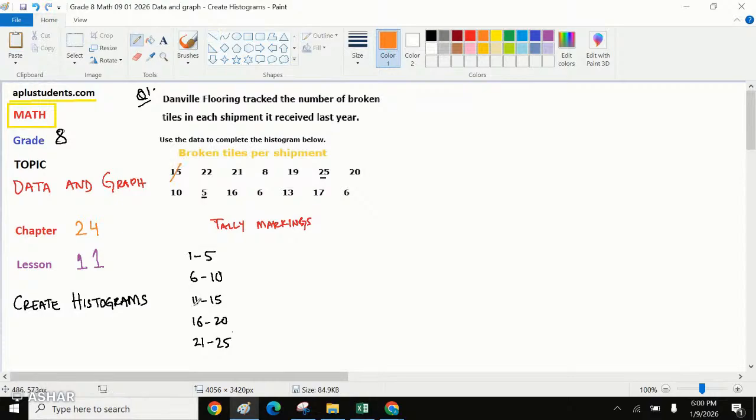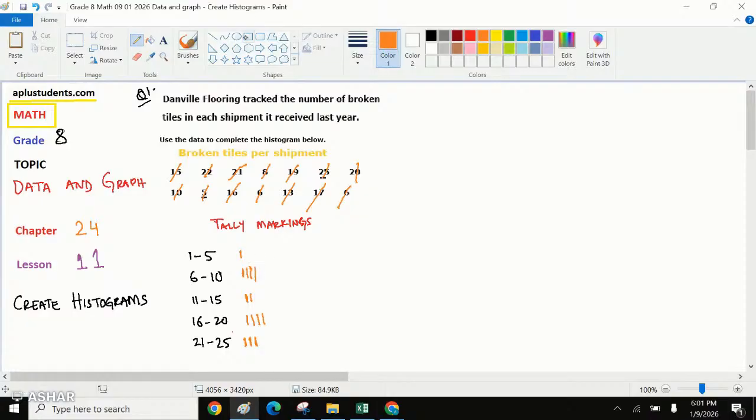So in the range 11 to 15, we make a mark over here. 22 is over here. 21, still here. 8, right? 6 to 10, 8 lies in this range. 19, 16 to 20, 19 lies in this range. 25 lies in this range. 20, 16 to 20. 10 lies in this range. 5 lies in this range. 16, 16 to 20, it lies in this range. 6 lies in this range. 13 over here. 17, okay, and 6.